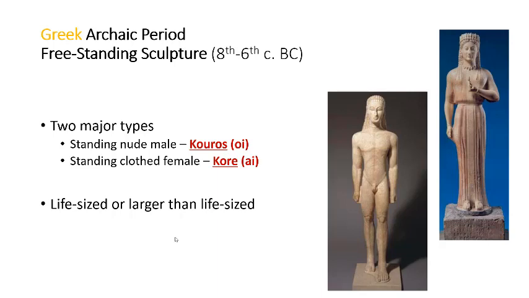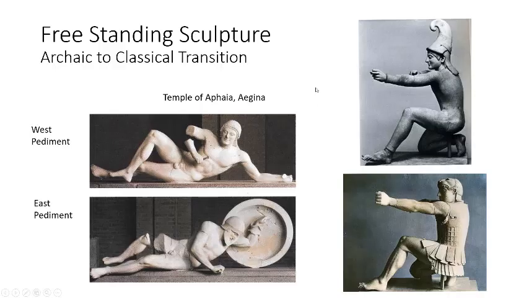In particular, the standing male nude, which we refer to as a kouros or kouroi in the plural, and the standing female, which is always clothed, the kore or korai. I've talked about these in the past, so I won't go in great detail. These are usually life-size or sometimes much, much greater than life-size, to be perfectly honest.